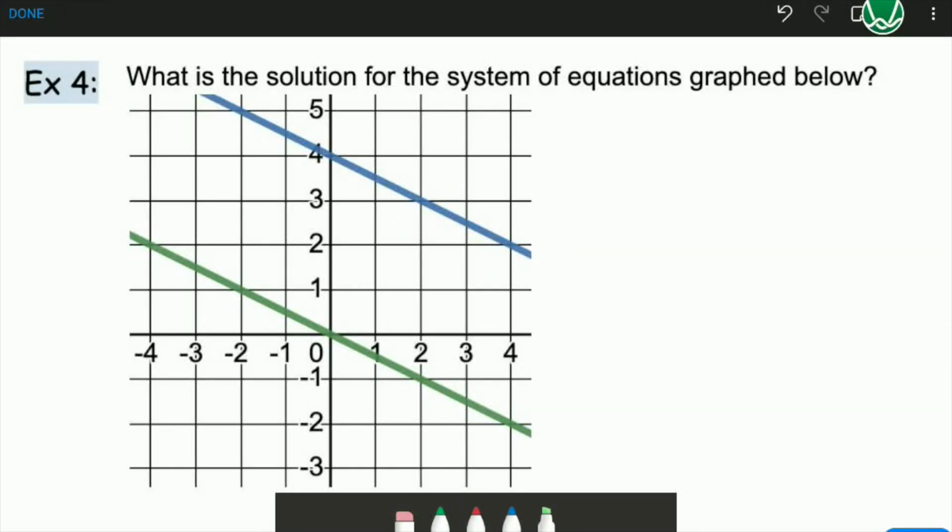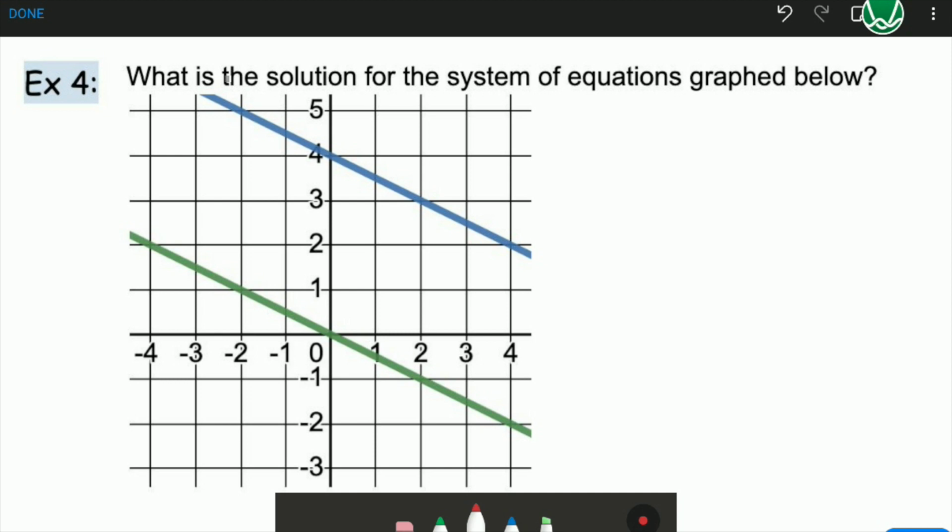In this example, we're asked what is the solution for the system of equations below. So if you look, solutions when represented graphically are intersections between the two lines. You can see the blue line and the green line, they have no intersections. In fact, they are what is referred to as parallel, running beside each other but never actually intersecting.